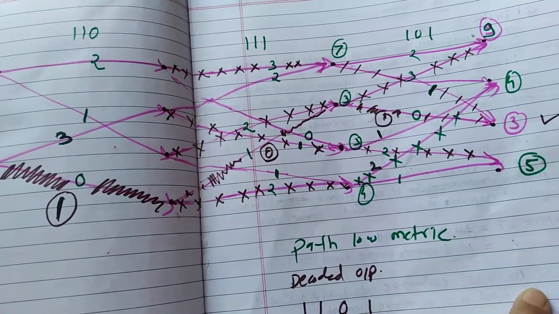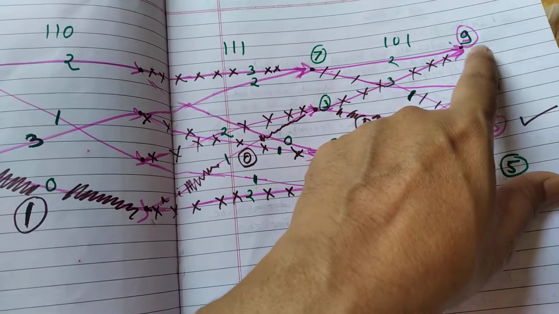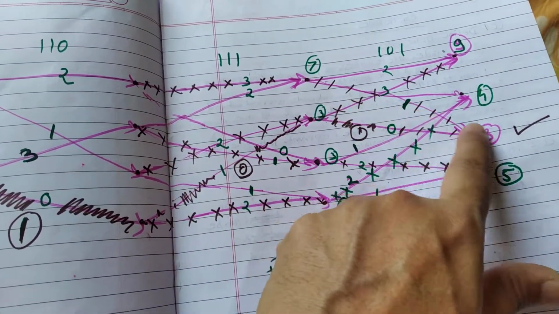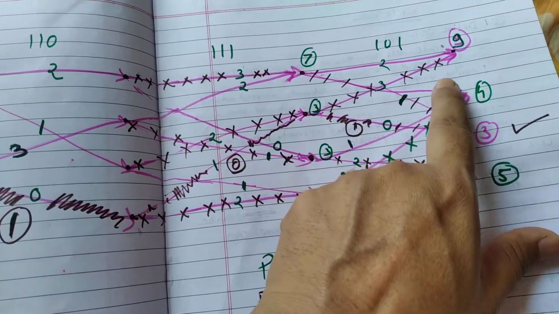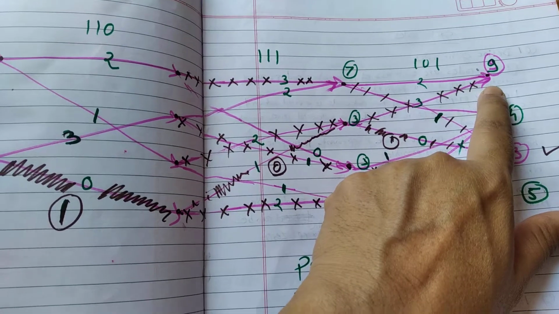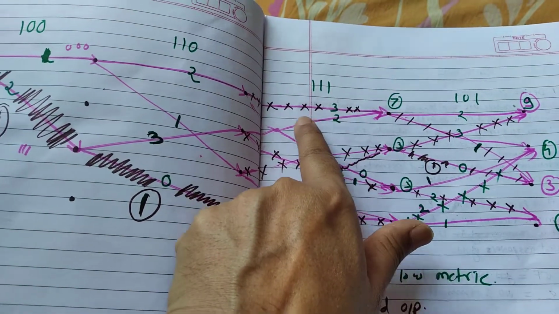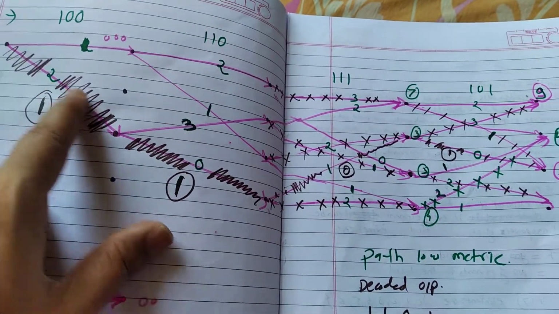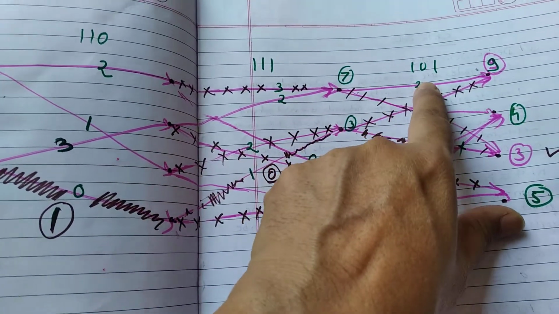Finally you have to compute the sum of all the Hamming distances, without considering the lines you have already cancelled. For this point the line could be this one. So the total is 2 plus 3 is 5, 6, 7, 8, 9.